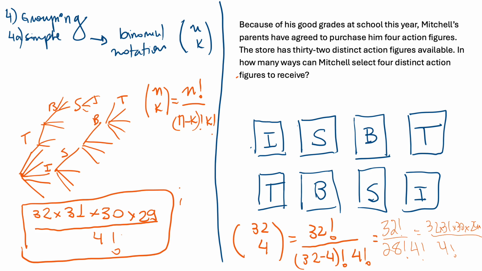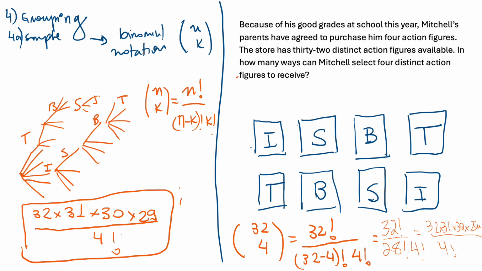If you work out the formula, you will have 32 factorial over 32 minus 4 factorial. Whatever is on top comes into the numerator. Then you do the difference between the numerator and the denominator below, and finish with the denominator here.